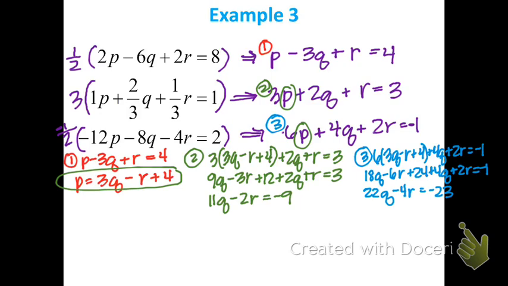Or did I mess up? It's negative 25. Negative 25. Oh yeah, because minus 24 from both sides. Thanks. Are we good now? So let's label those 4 and 5.